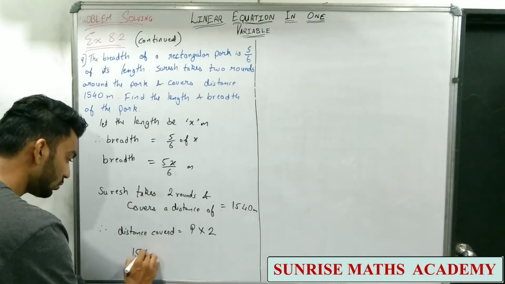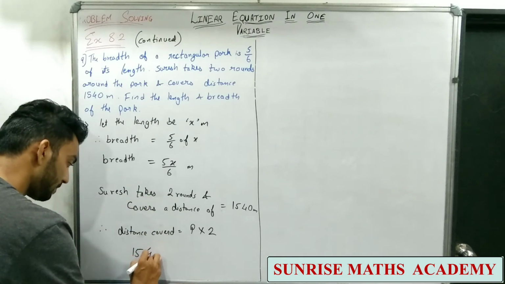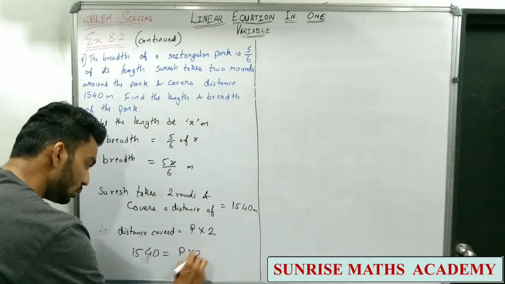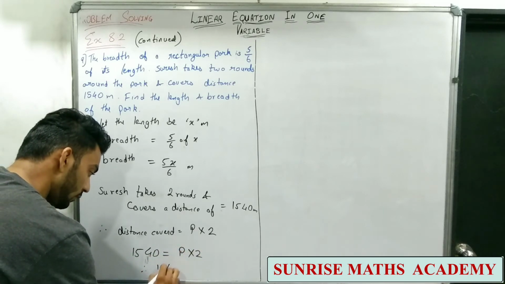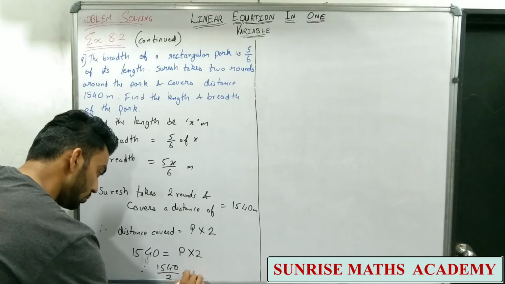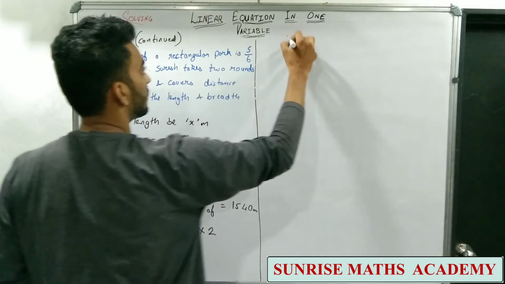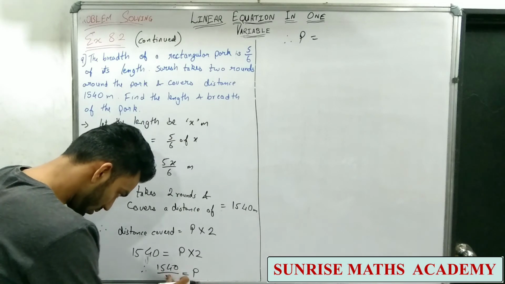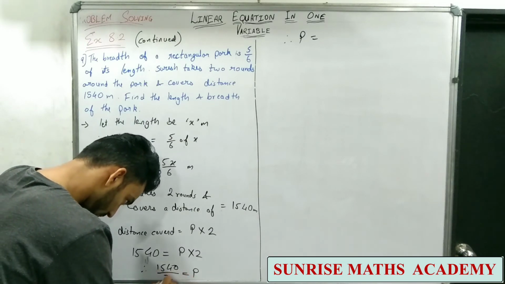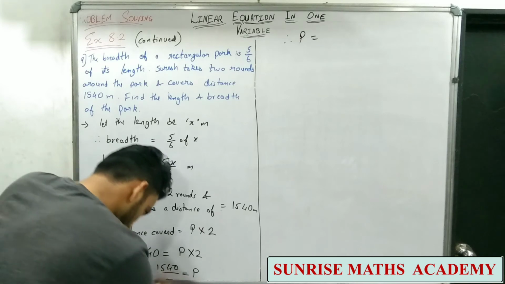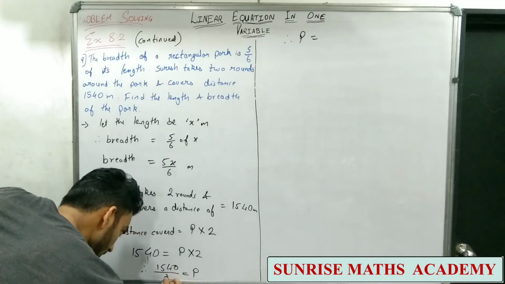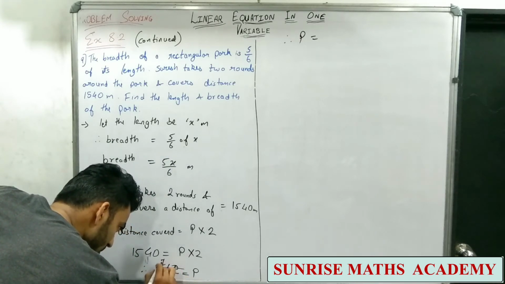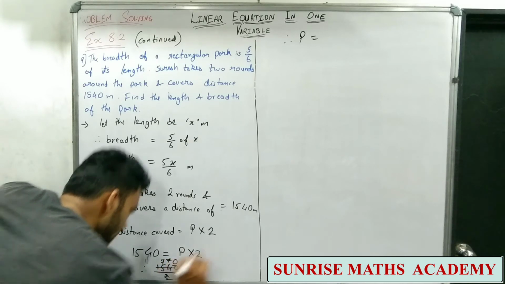Distance covered is 1540, P into 2. So therefore 1540 upon 2 equals to P. Therefore P equals to, we can do this cancellation, 770.